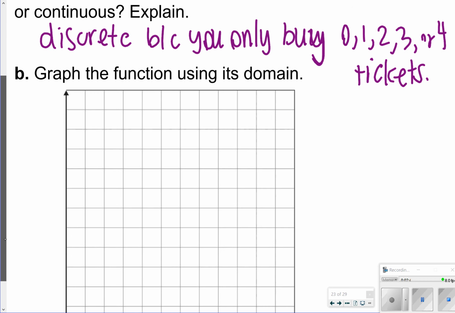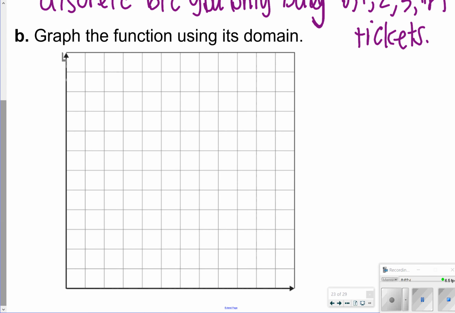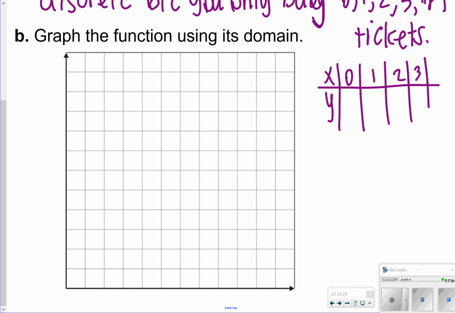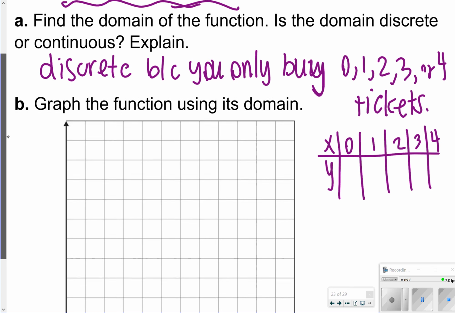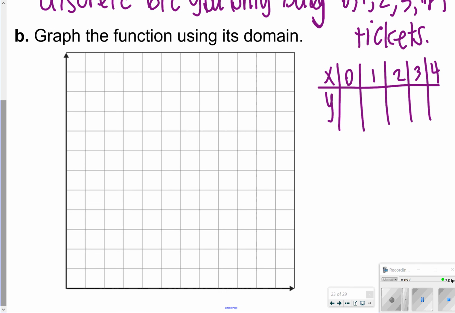So then what it says is to graph the function using its domain. So normally what I do here is I do an x and a y table, and we have 0, 1, 2, 3, and we could also put 4 here. So, and just really quickly, make sure you're including the domain as well, and letter A.